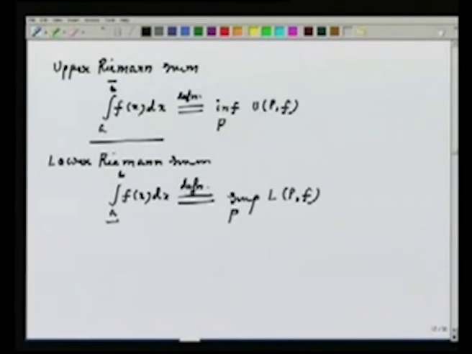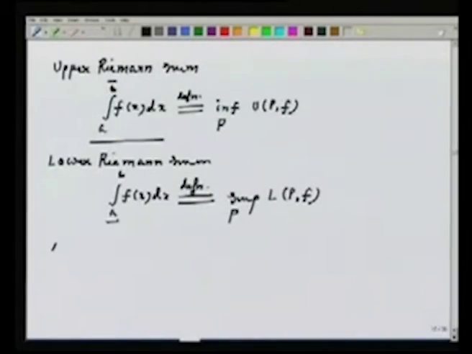That is, I construct UPFs and then I look at their infimum. I construct LPFs and I look at their supremum. Because again, if you think back at the picture, as I go on taking finer and finer partitions, UPFs are coming down. So finally, they are supposed to collide with something, and that thing is the infimum. Similarly, for LPFs, as I go on taking the refinements of the partitions, LPFs are increasing, so they will collide with something. That thing is the supremum, which is the lower Riemann sum.